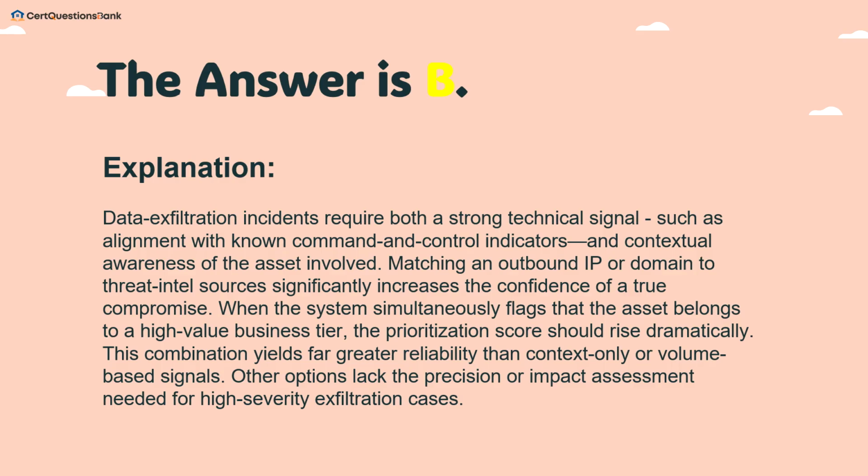When the system simultaneously flags that the asset belongs to a high-value business tier, the prioritization score should rise dramatically. This combination yields far greater reliability than context-only or volume-based signals. Other options lack the precision or impact assessment needed for high-severity exfiltration cases.